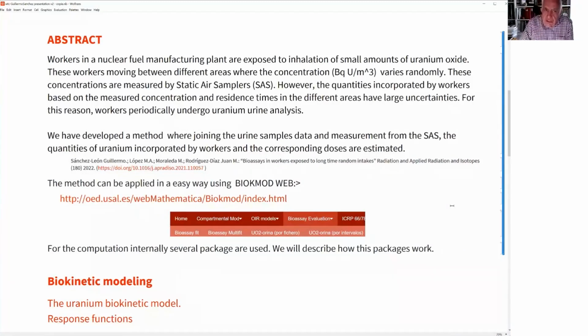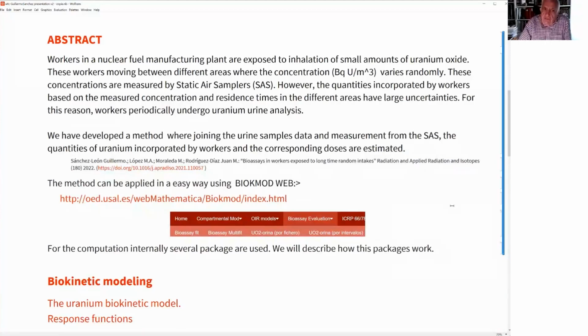These concentrations are measured by static air samplers, SAS. However, the quantities incorporated by workers, based on the measured concentration and the residence time in the different areas, have larger uncertainties. For this reason, workers periodically undergo uranium urine analysis.